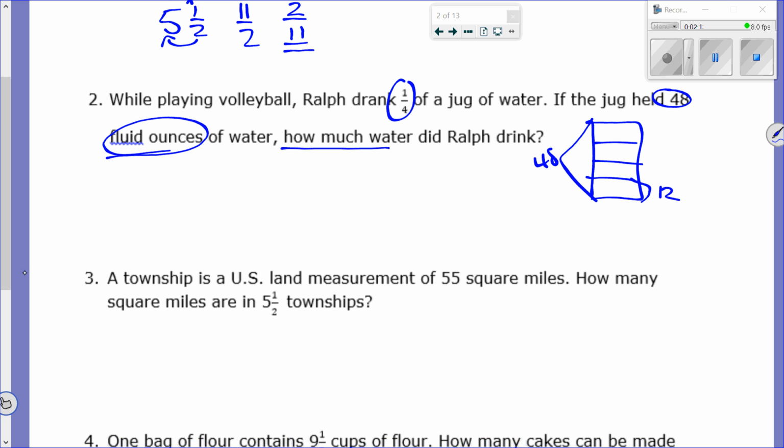Okay? It's literally just 1/4 times 48 over 1, 48 over 4, or 12. And don't forget your units. In this case, it was fluid ounces. So that's both a mathematical setup and a diagram. So you got both of those to help you out on that one.